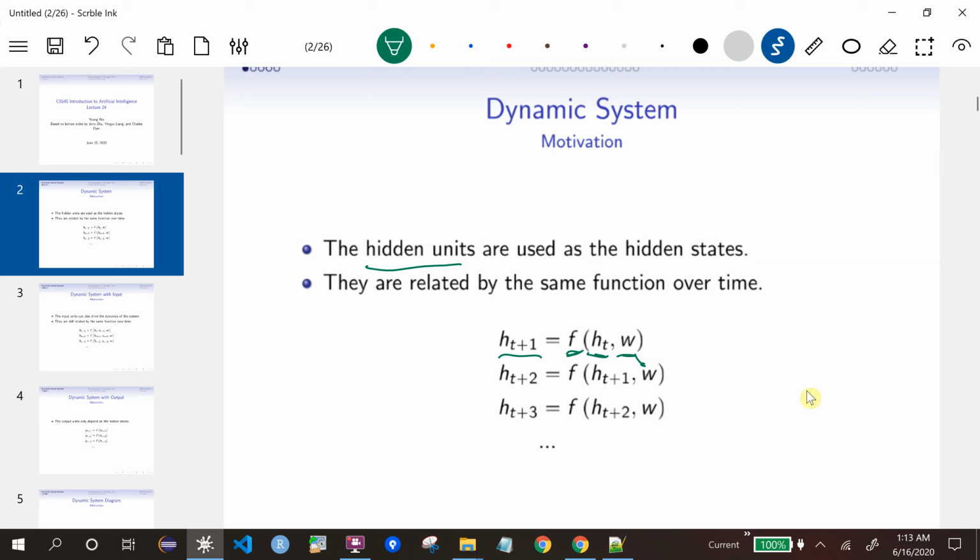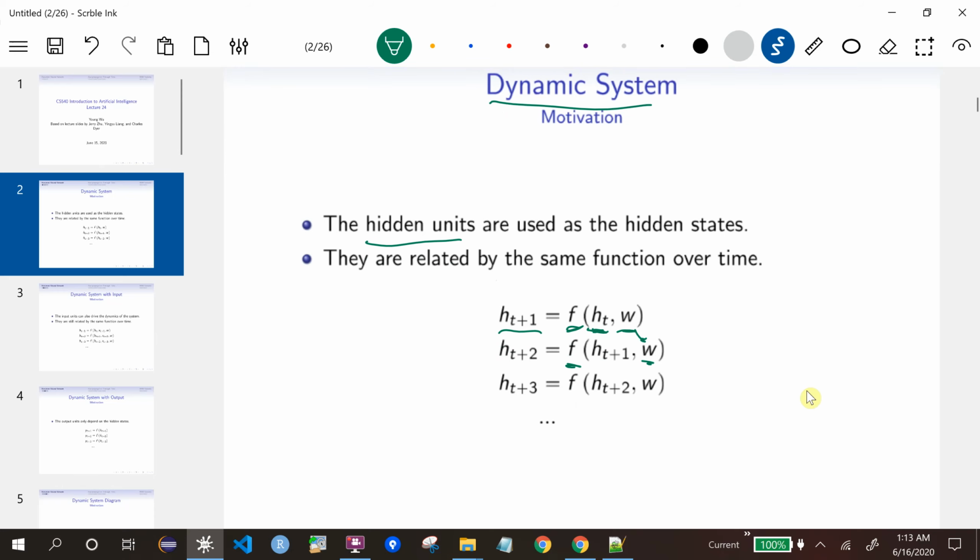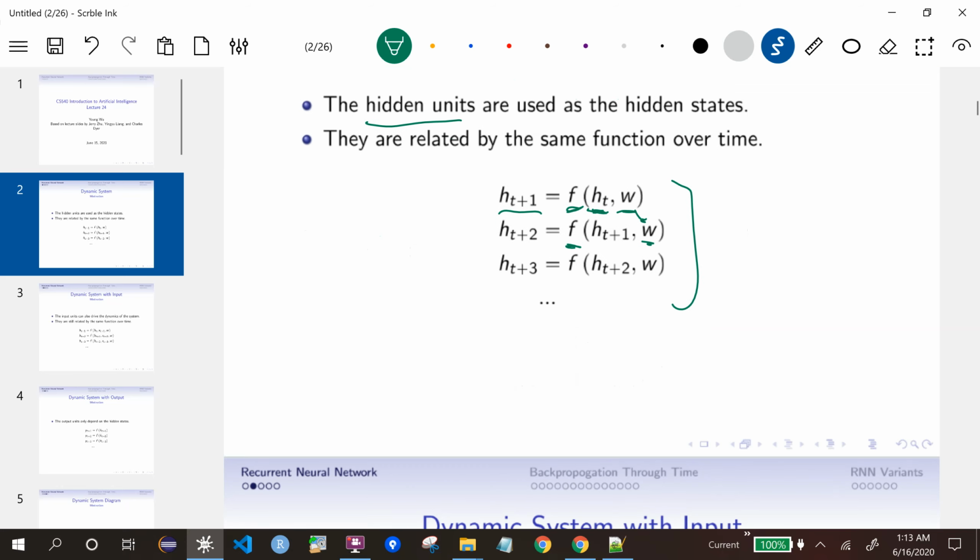So here we're going to have the same weights and the same activation function at every time point, basically for each word in a sentence, if you want to imagine it that way. The way that one word transitions to another anywhere in a sentence is the same. That's the idea behind the dynamic system: we transition the states the same way every time.